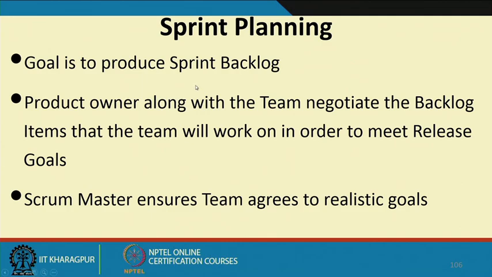The top priority features are picked, and the product owner along with the team negotiate what backlog items are to be taken up, so that it will meet the requirement of the customer and also meet the release goals.